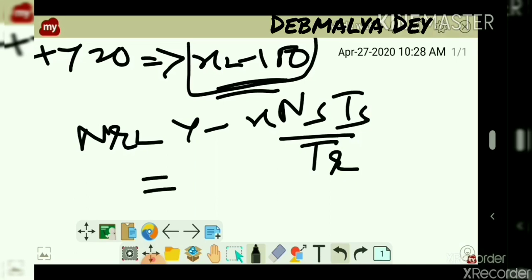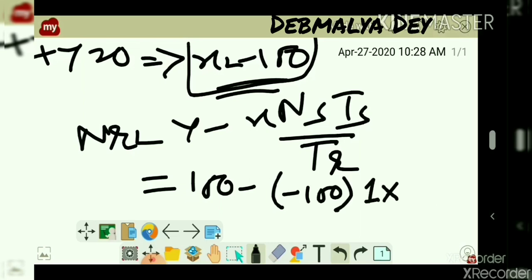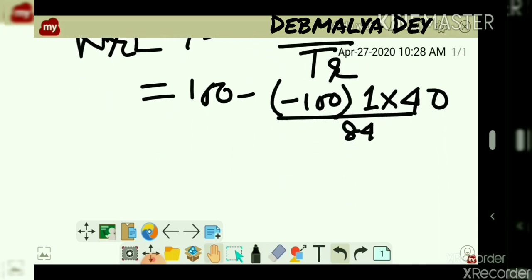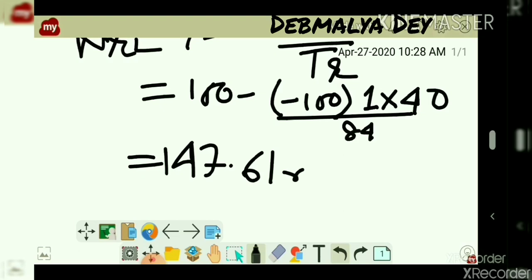So y is 100, x is minus 100, ns is 1, ts is 40, tr is 84. So it will be 100 into 40 by 84 plus 100, which is 147.61 rpm. Since the answer came positive, it will also be clockwise.